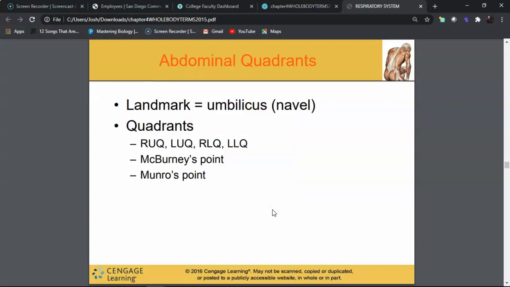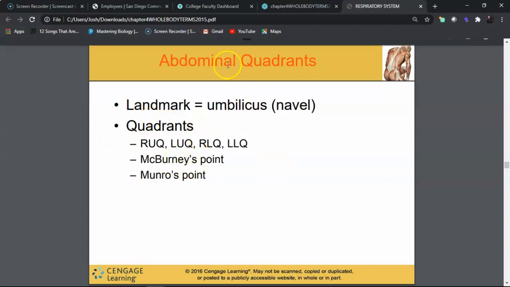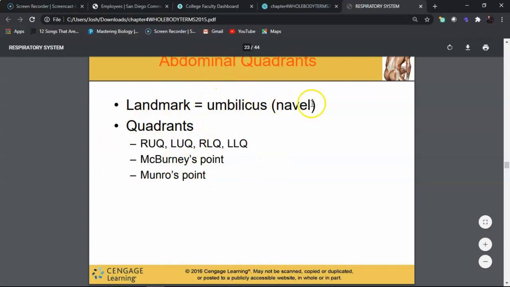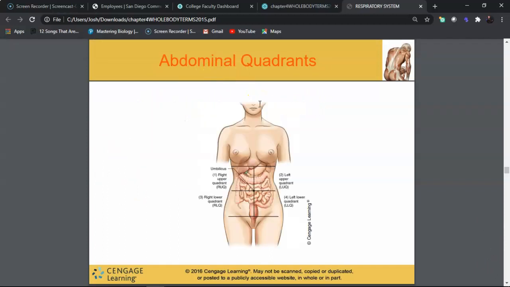Generally, when we're clinically looking at things, we divide things into 4 quadrants. So rather than doing 9, there's also a shorter way to do this, and it is the 4 quadrants. We have a right upper quadrant, a left upper quadrant, a right lower, and a left lower. Okay, and when you're using this, the belly button or the navel, the umbilicus, is your center landmark.